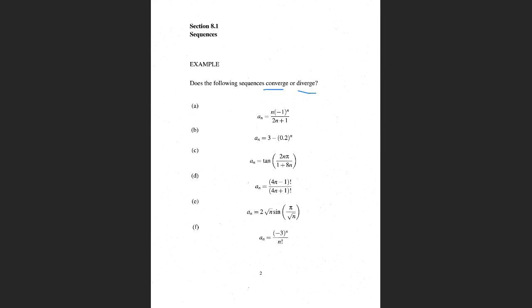And if the sequence diverges, then as you look at terms out toward the 100th term, the 1000th term, the 1,000,000th term, the terms as n gets large are not approaching a number. That's what diverge means in simple terms. Let me give you a moment to copy the different ones down here.